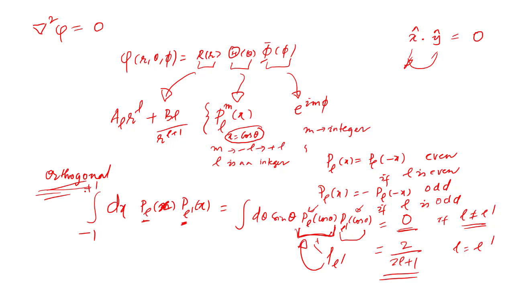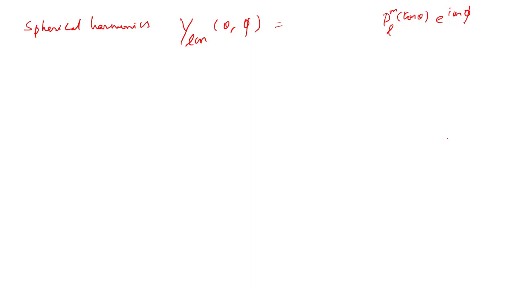So equipped with this, we also defined another new function called the spherical harmonics. And at the core of it, the spherical harmonics, which are denoted by Y_LM theta phi, are essentially a product of the Legendre polynomials P_LM of cosine theta and the azimuthal solution e to the power i m phi. And we added some factors here, like 2L plus 1 by 4 pi times L minus m factorial by L plus m factorial.